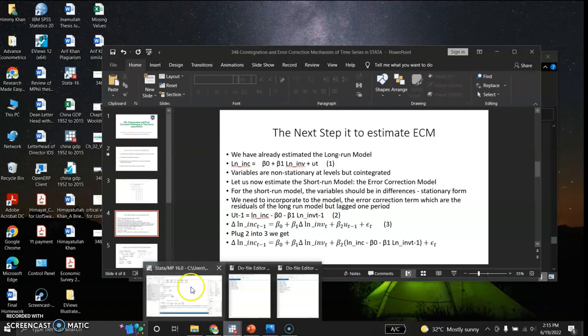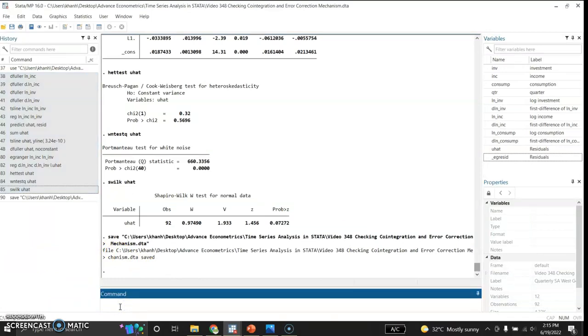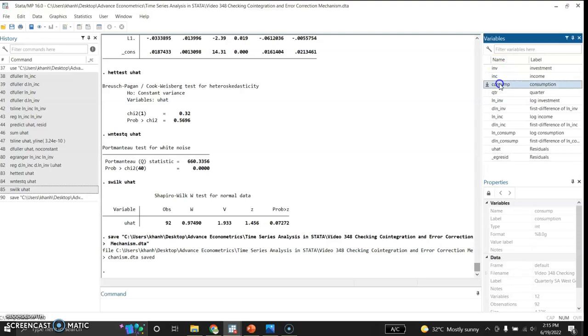have my file. This is my data file, and in this I have investment as one variable at level, income another variable at level, and consumption another variable at level, and finally I have set this data as time series, and this is quarterly time series data.